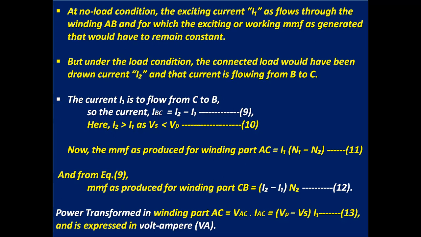Now, the magnetomotive force produced for winding part AC equals I1 into N1 minus N2, and from equation 9, the magnetomotive force produced for winding part CB equals I2 minus I1 into N2.